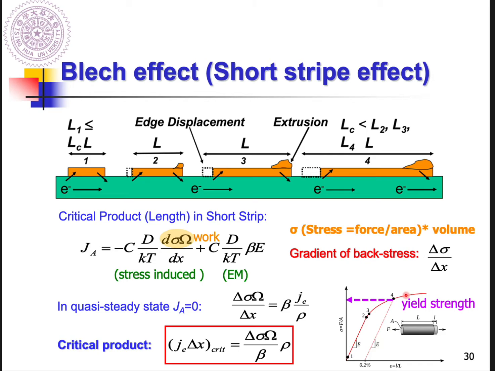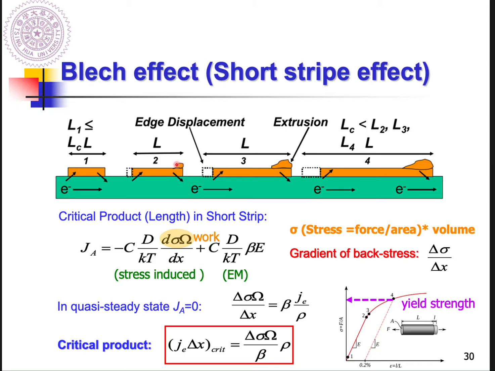So the yield stress can be considered as the maximum stress this material can be subjected to that won't cause any deformation of this metal. As long as the stress is higher than this yield stress, you definitely will cause some deformation.